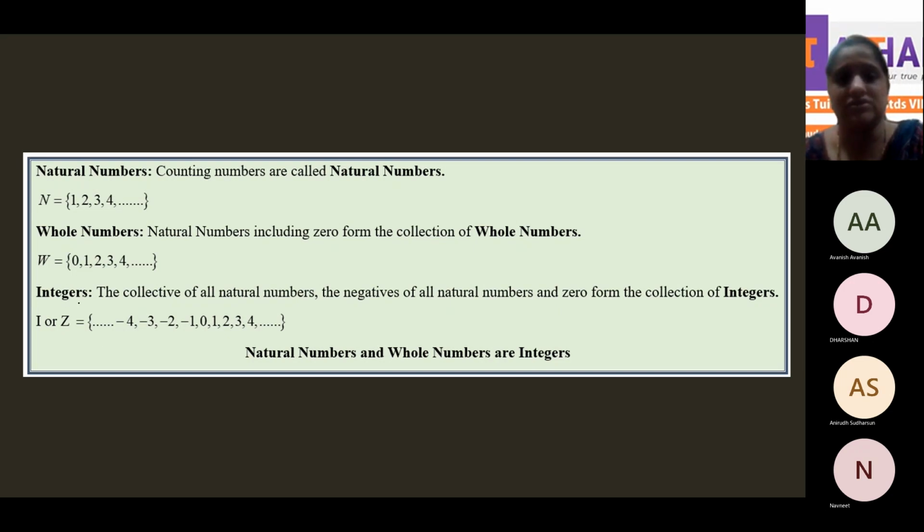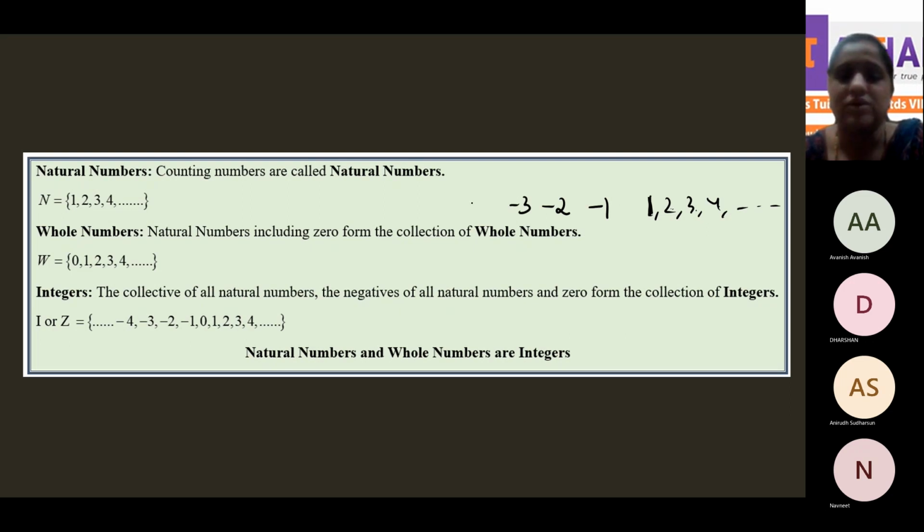Now comes integers. What are integers? All natural numbers, their negatives, including 0, form the collection of integers. What do we mean by negatives? Listen carefully. Natural numbers are 1, 2, 3, 4, and so on. The negative of 1 is minus 1. The negative of 2 is minus 2. The negative of 3 is minus 3.